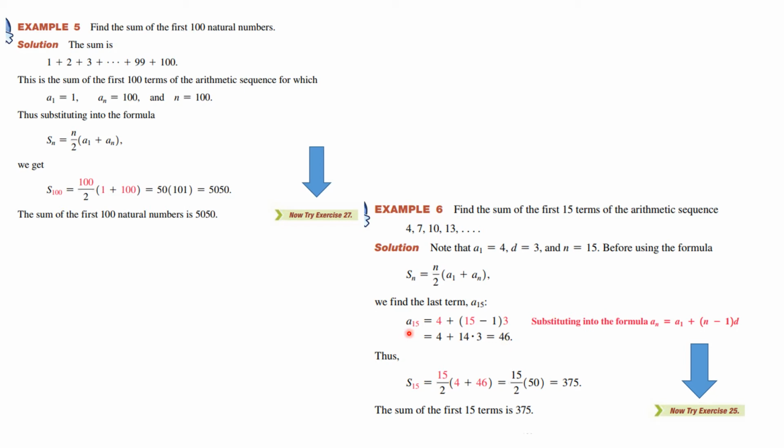You see, we didn't know A15 to use that formula. But then S15 is going to be 15 over 2 times 4 plus the 46 we had here. We get 375. So the sum of the first 15 terms is 375. Here's an example that you can try to test your understanding.